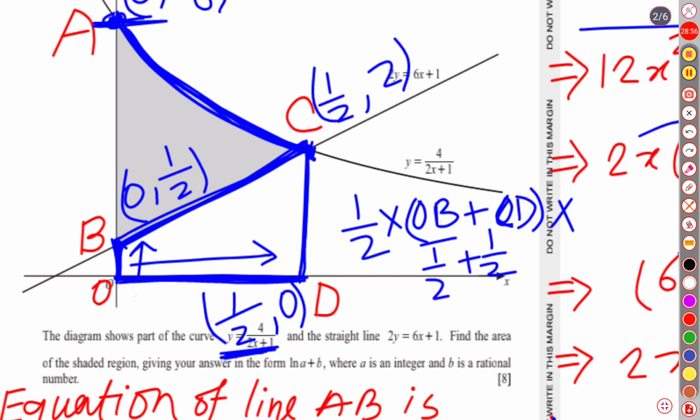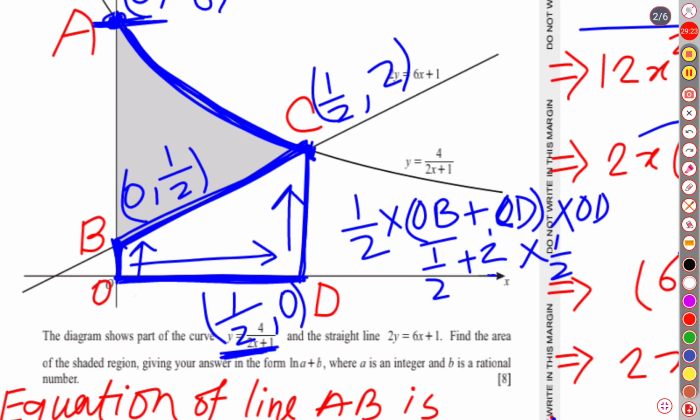C to D. Look, C to D is actually here, the coordinate is 2. That means this length, this magnitude, is also 2. So it will be half plus 2. Let us write here half plus 2, into OD. OD we have already explained is also half.